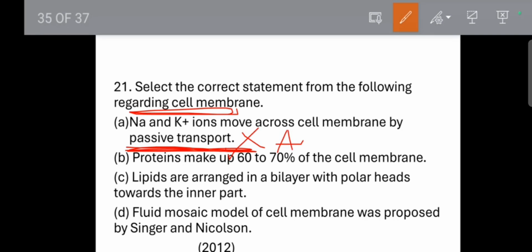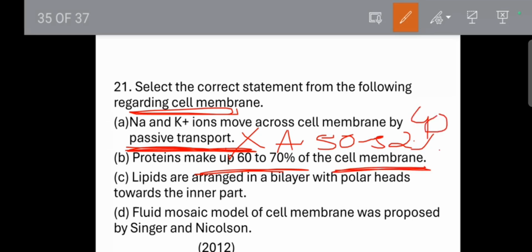The protein makes up 60 to 70% of the cell membrane. No, the protein is only about 50 to 52% in the cell membrane. The other 40% is lipid and the remaining is other structure. So this is the wrong statement.